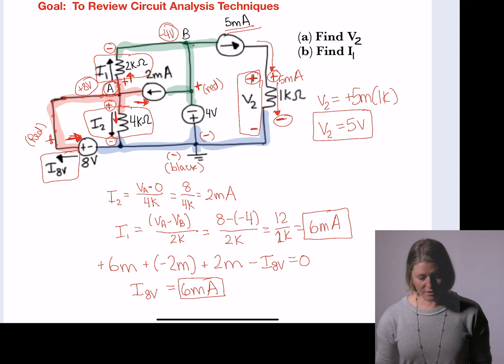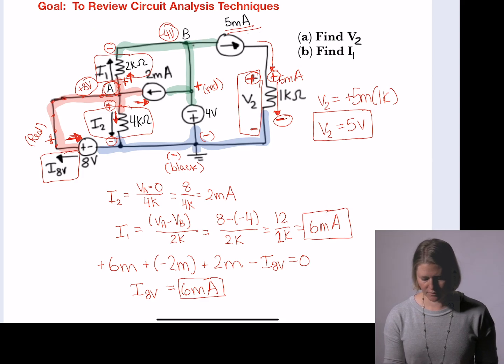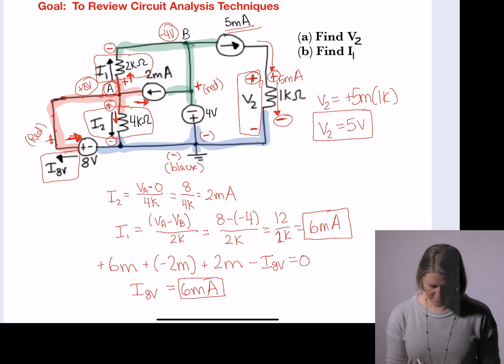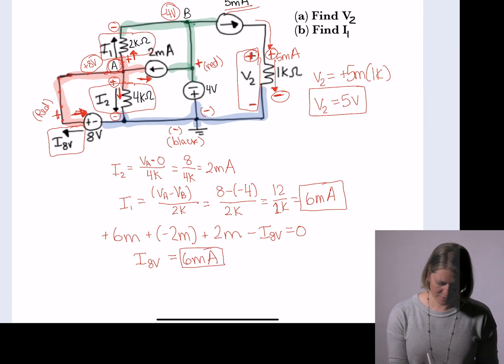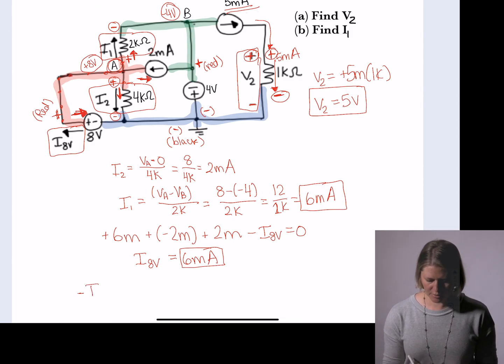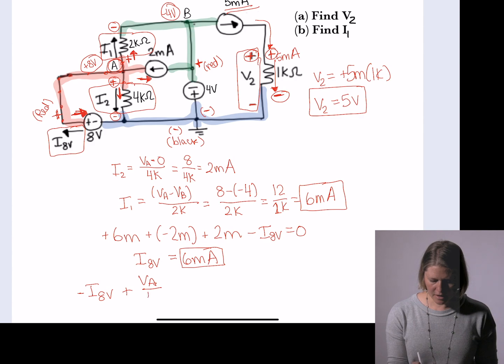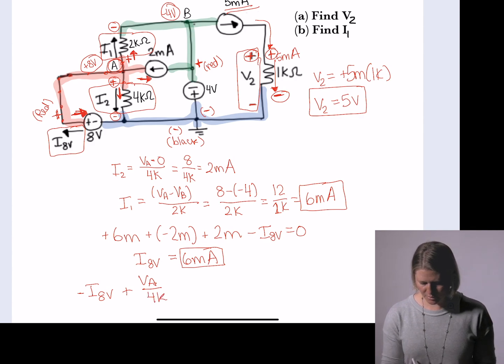If I didn't want to solve for I1 and I2 first, I could write this node voltage a little different. I could take this one first, and it would be a minus I8V. Then I would take I2, which would be a VA over 4K. And I could take this one, which would be a VA minus VB over 2K.